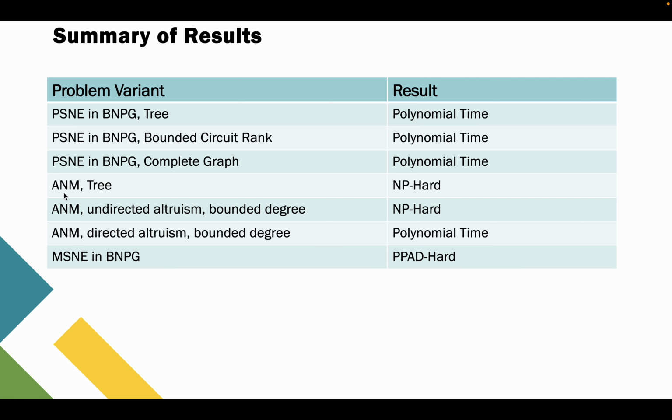If we want to do network modification and achieve PSNE in some target strategy profile, those ANM problems are hard for trees, both undirected and directed. They are also NP hard for graphs which have undirected altruistic graphs and bounded degree, but we can achieve a polynomial time result for directed altruistic graphs and bounded degree.